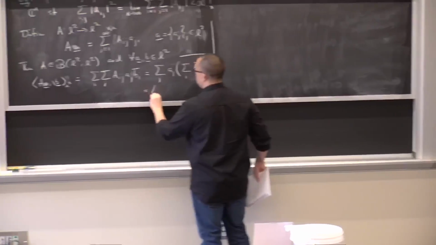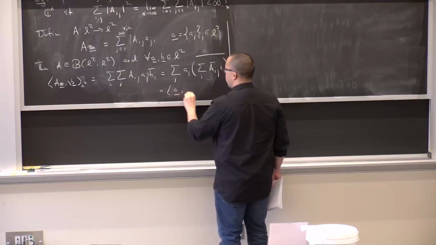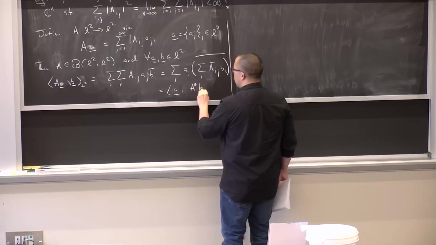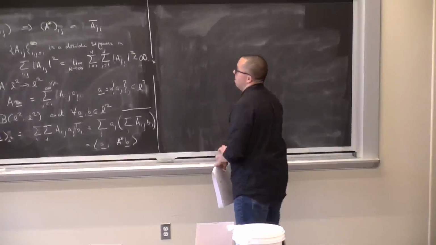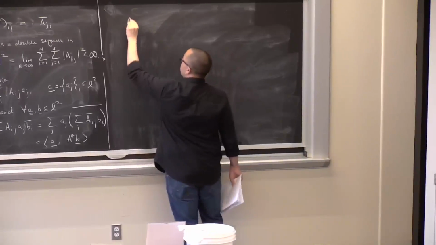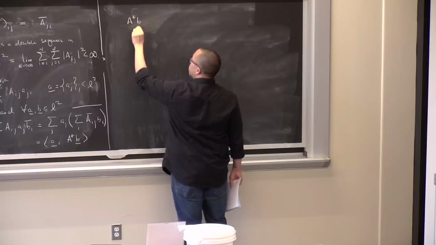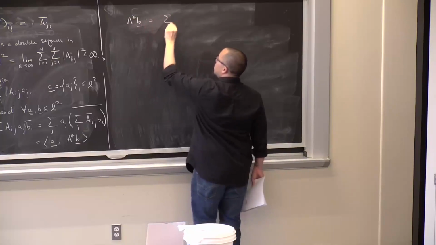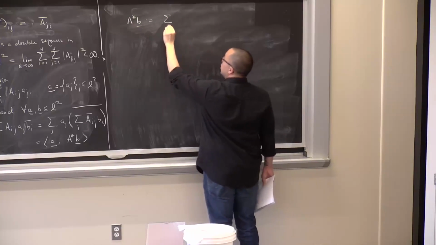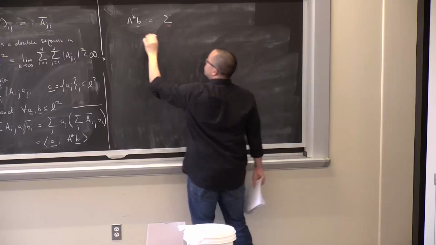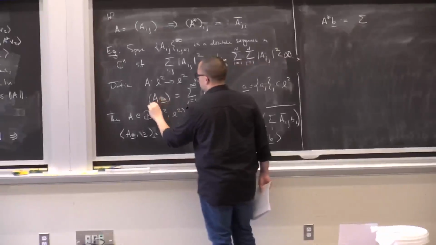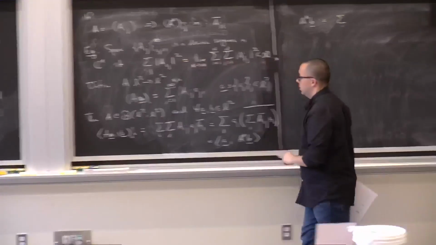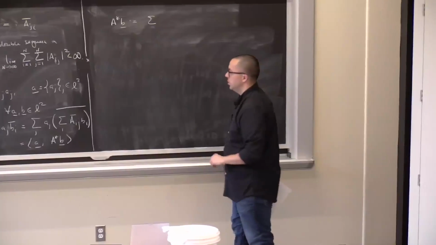which is equal to the inner product of U with A star B, where A star B is defined via some... so I should have said this is the ith entry in this new sequence in L2.